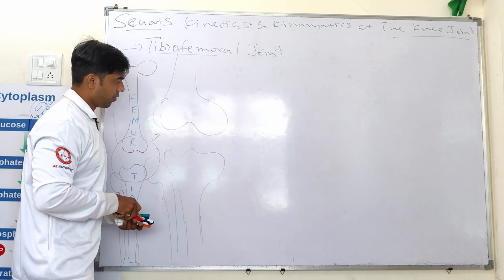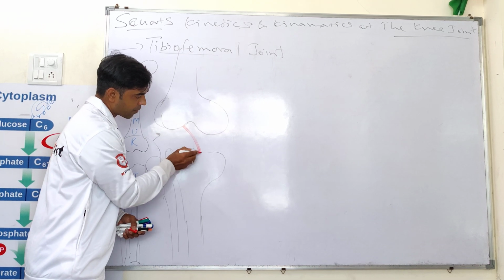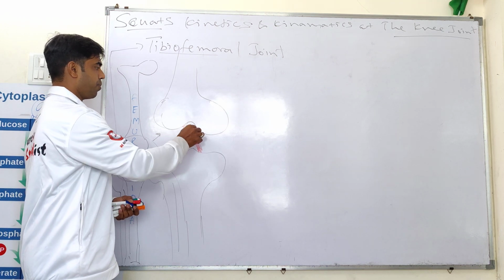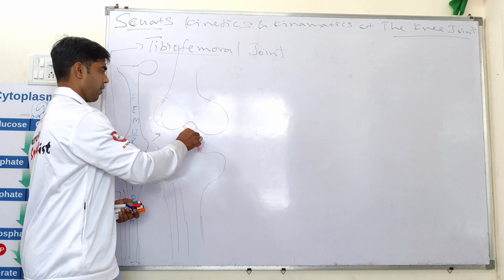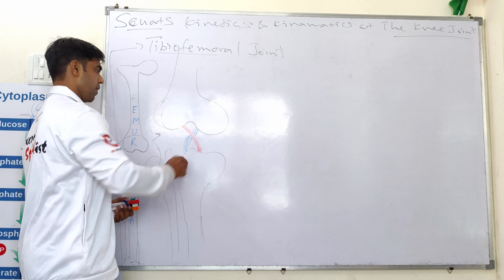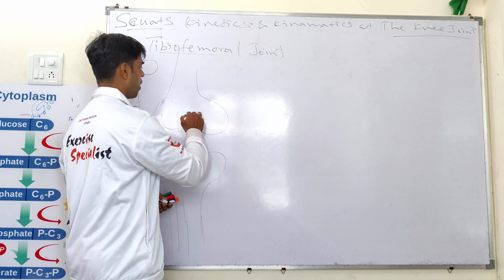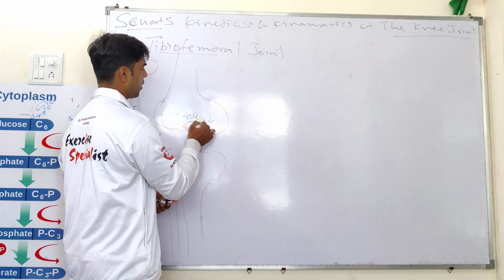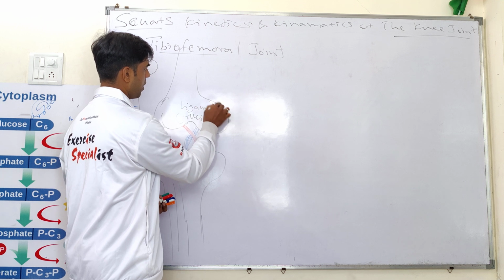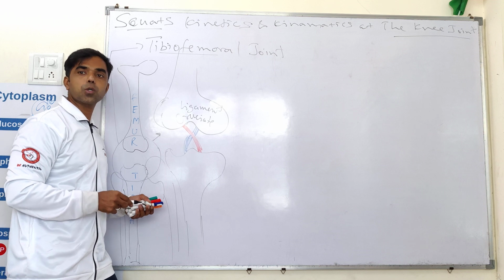We have the ACL ligament here, right? And the PCL. They are called cruciate ligaments, right? Because they signify the cross here.